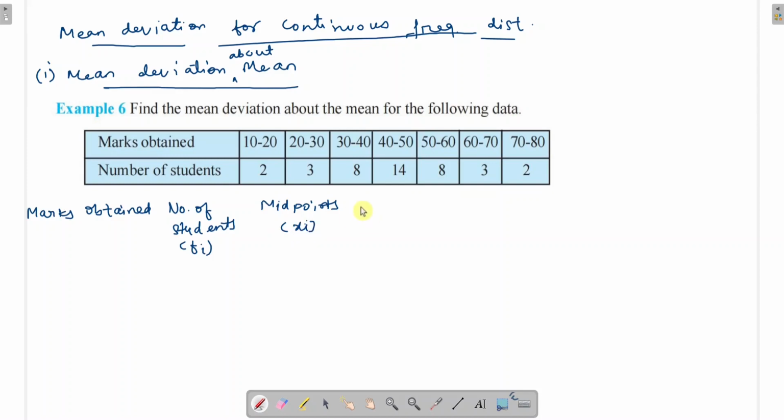Then we have to find fi xi, then modulus of xi minus x bar, and then fi times modulus of xi minus x bar. Let us divide this by lines here.